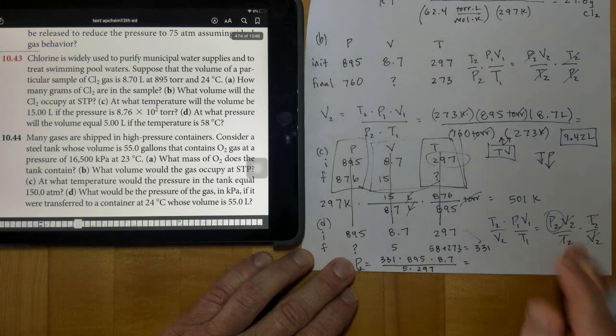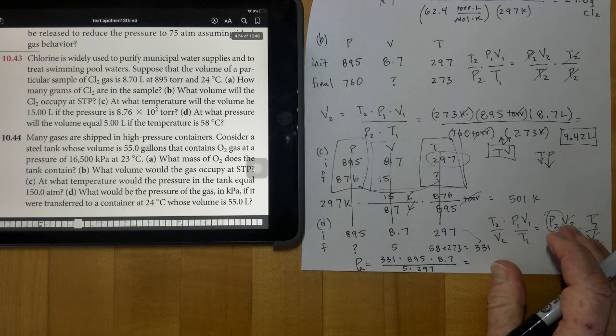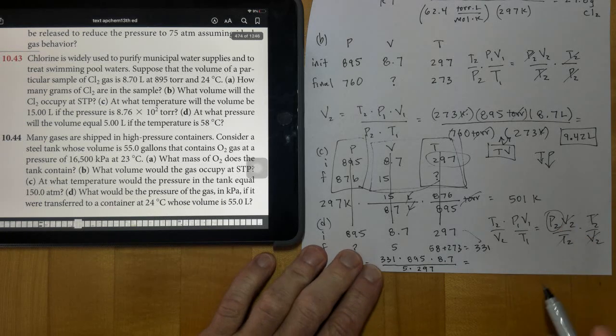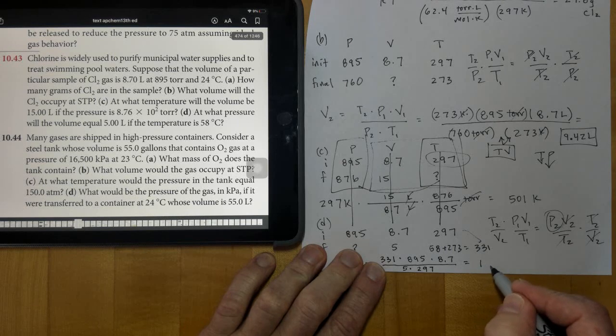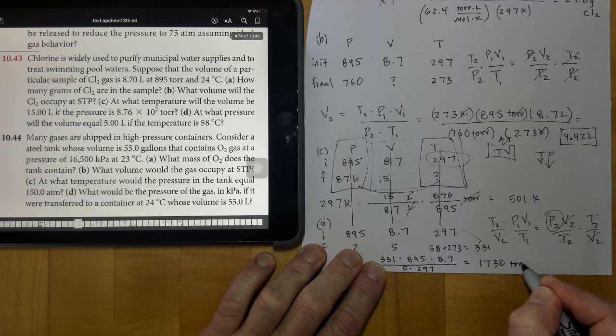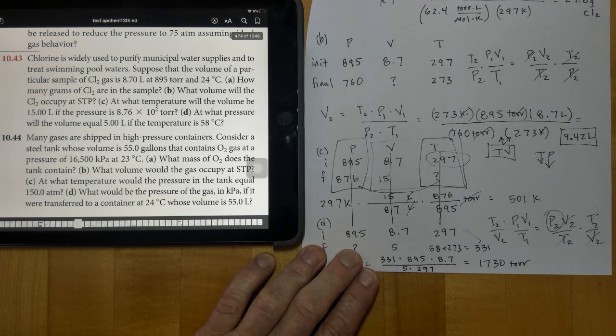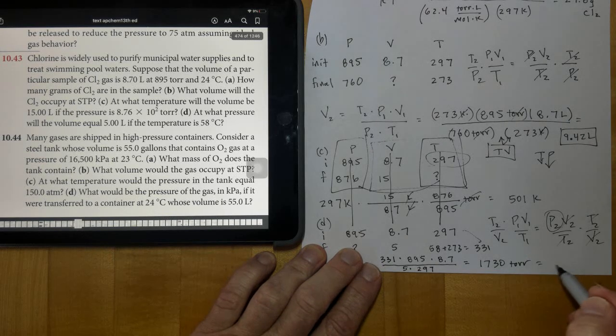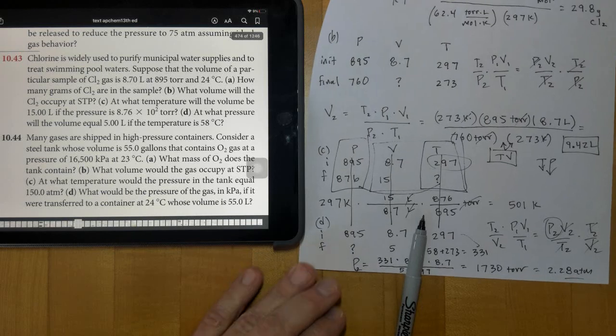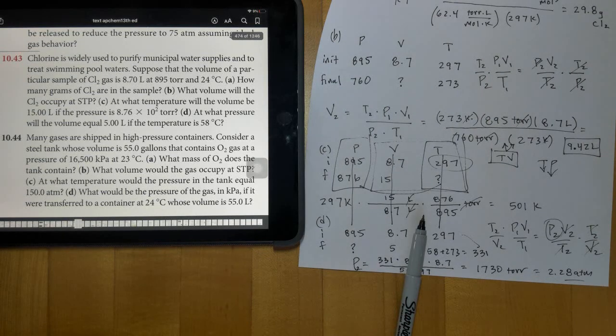All right, I just barely fit that in there. If you run that through your calculator, you end up with about 1730 torr. It doesn't tell you to convert it, but this is the same as about 2.28 atmospheres. Two ways to solve lots of problems.